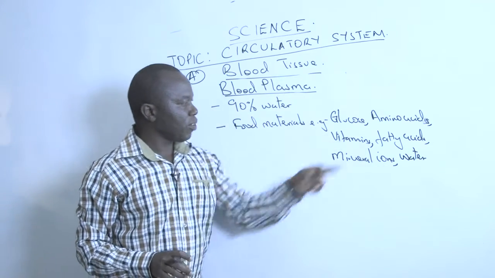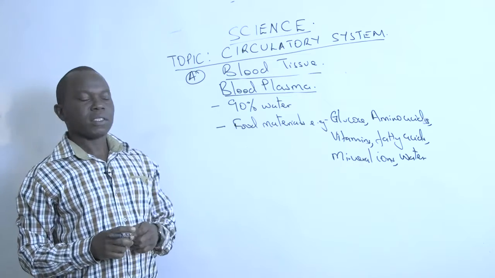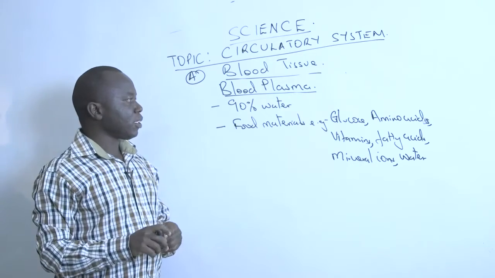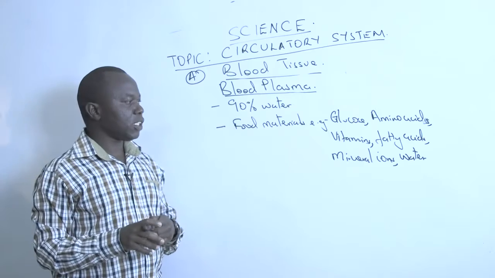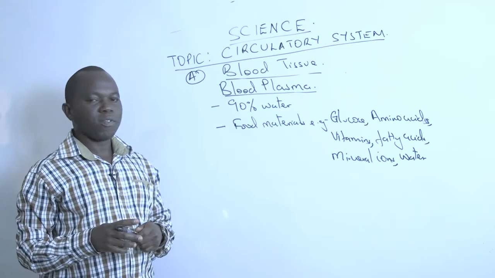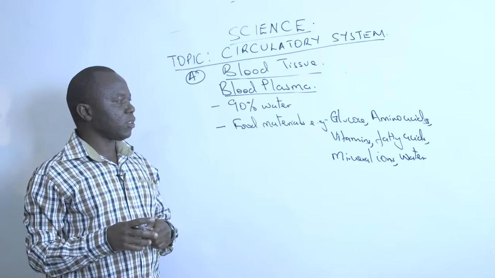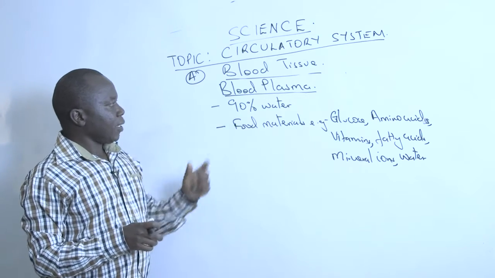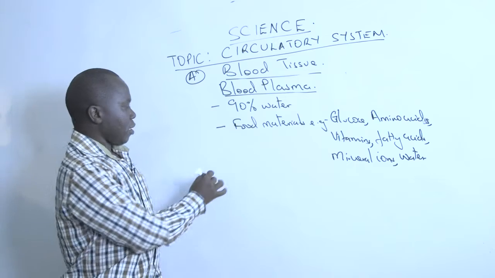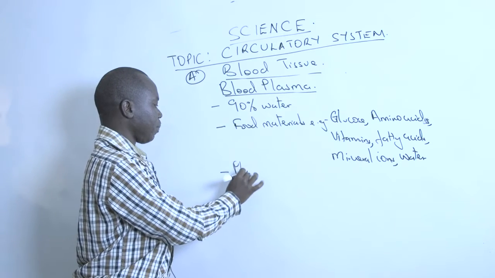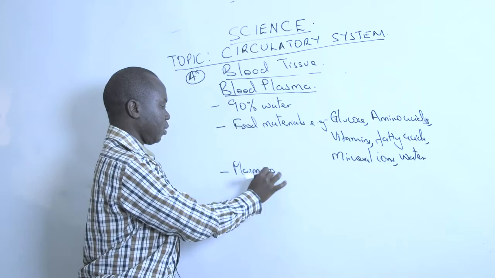If you look at the food materials that you have mentioned, glucose, amino acids, fatty acids, these materials are coming from the digestive system, the smallest, the simplest form of all the food materials that we take in. But again, we want to find out other materials that could be found there. We also have what we call plasma proteins.